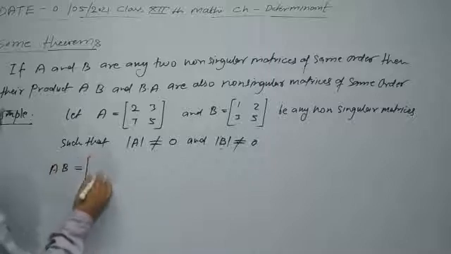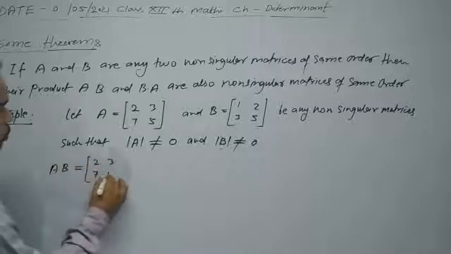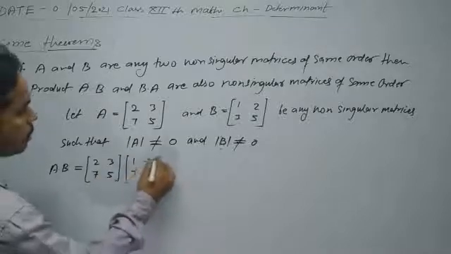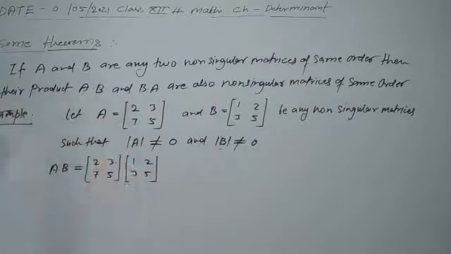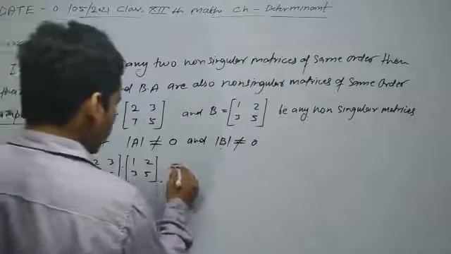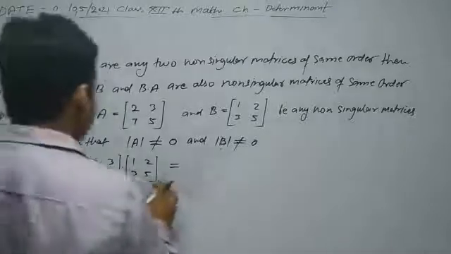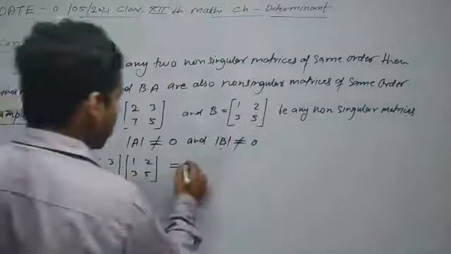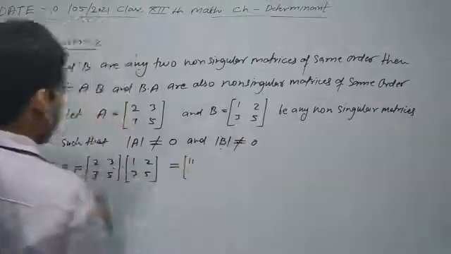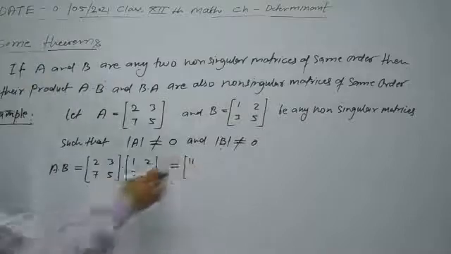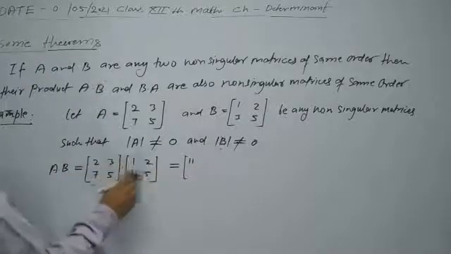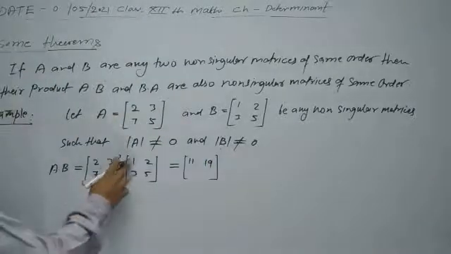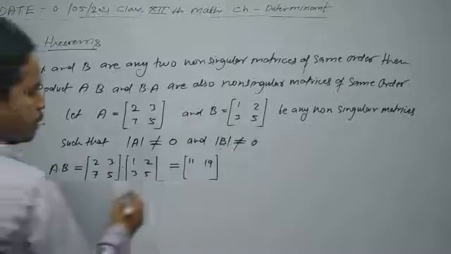AB means 2357 multiplied by 1235. So this is the product. When you solve it, the result is first row multiplied by first column, 2 1s are 2 plus 9, that is 11. 2 2s are 4 plus 15, that is 19. 7 1s are 7 plus 15, that is 22.